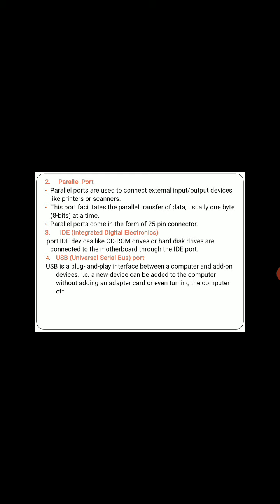If you add a new device into the computer system, it does not require turning off the system, or any new additional adapters. Using the USB port only, you can add new devices.